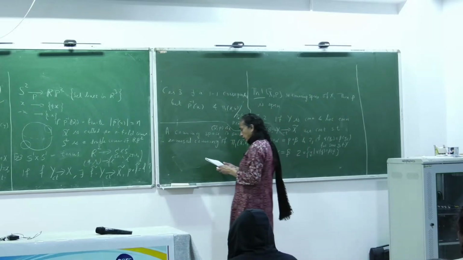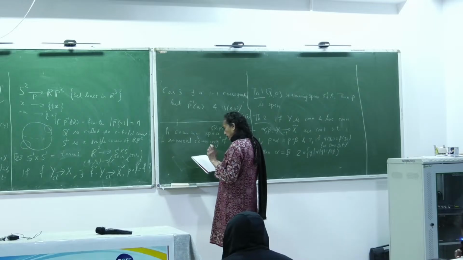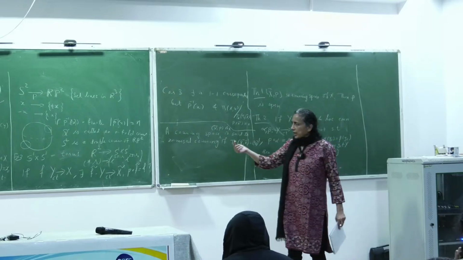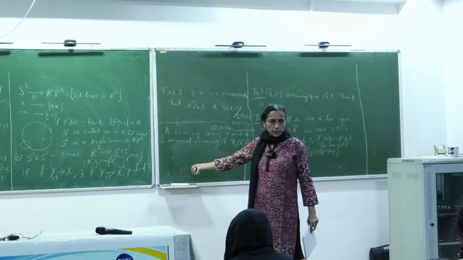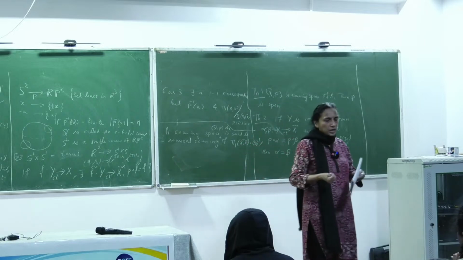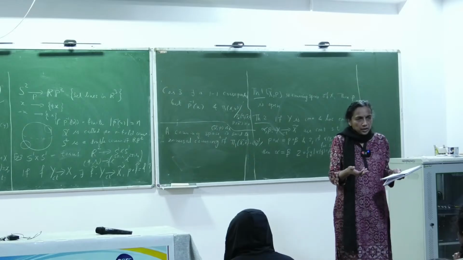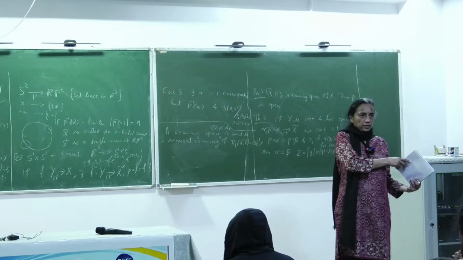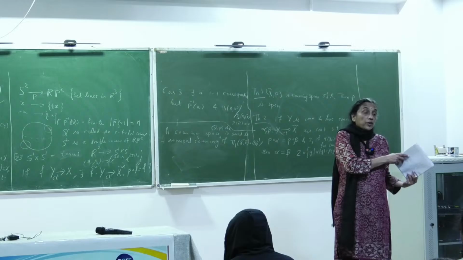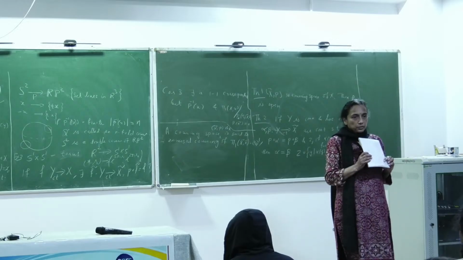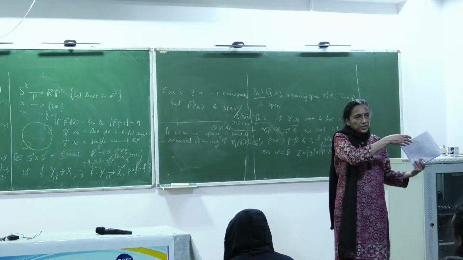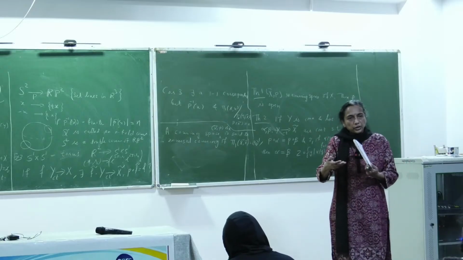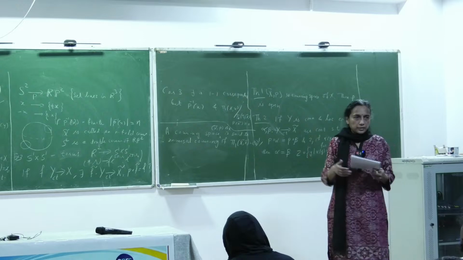Okay. Now what happens is that you know that any covering will go to a subgroup, right? The image P star of pi 1 X tilde is a subgroup. Conversely, if I am given a subgroup H, can I find a covering of X whose fundamental group will be isomorphic under P star to that H?